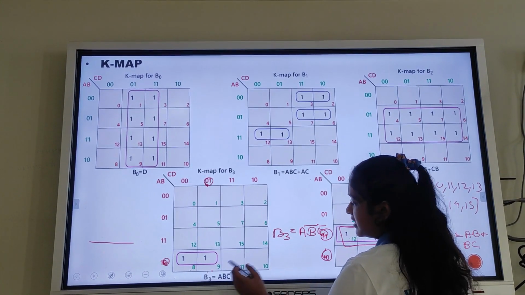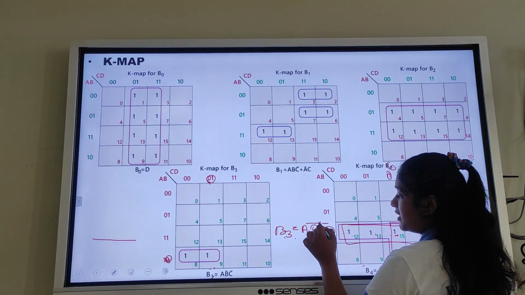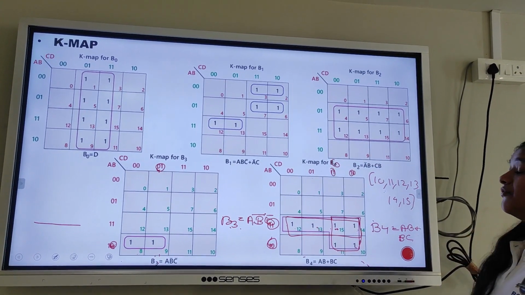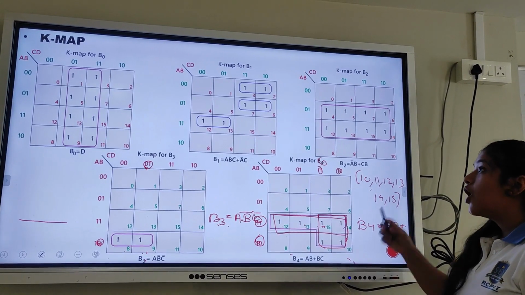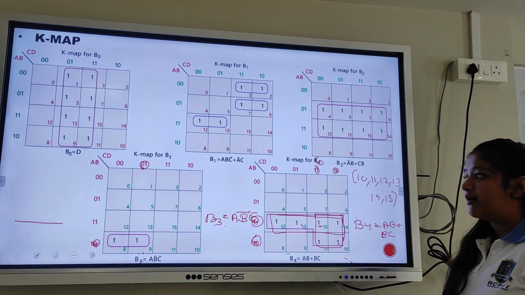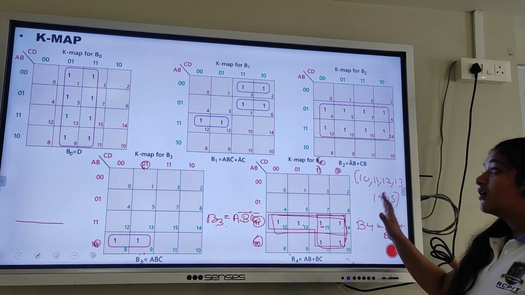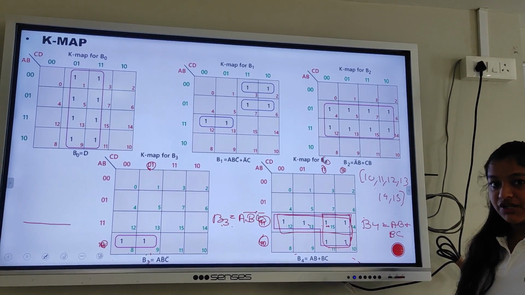So the equation is B3 is equal to A, B bar, C bar. Similarly, we have got all the outputs by making the equations of the K-map through the truth table, and hence we can say that these are the K-maps for the binary to BCD code converter.